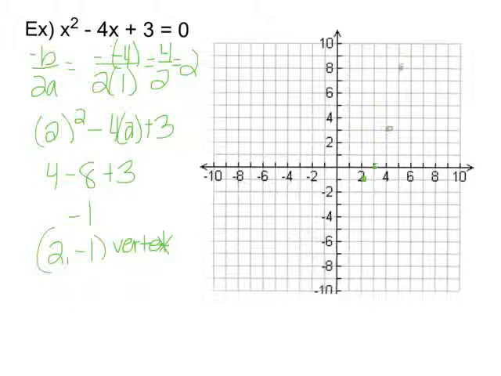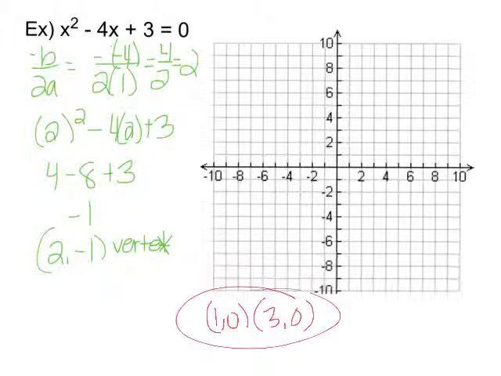And I'm going to do the same on the other side, over 1, up 1, over 1, up 3, and then over 1, up 5. I'm going to connect my points, and I see that my intercepts are right here at (1, 0) and (3, 0) as my roots of the equation.